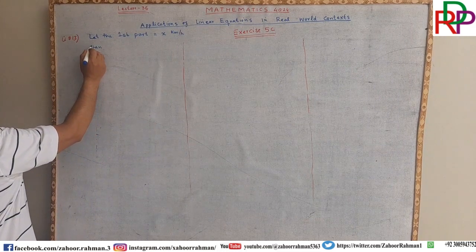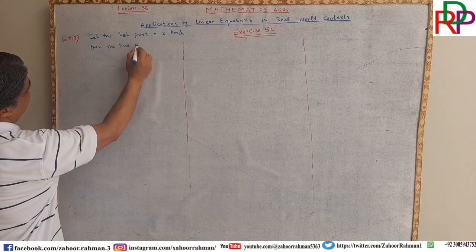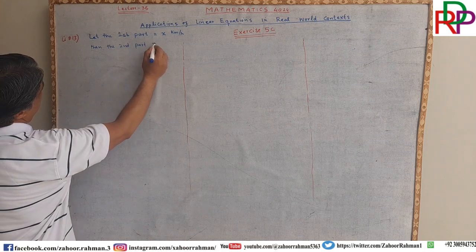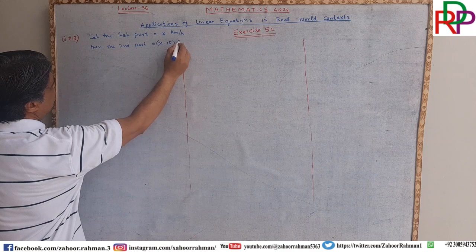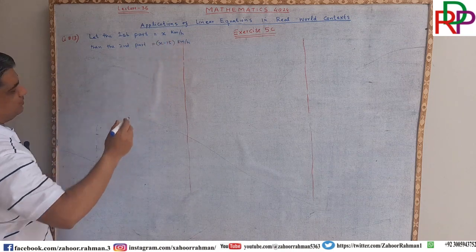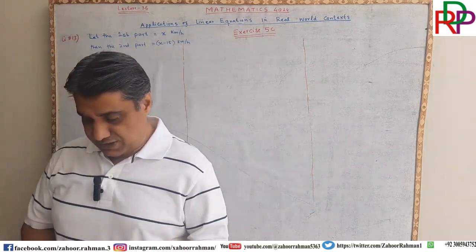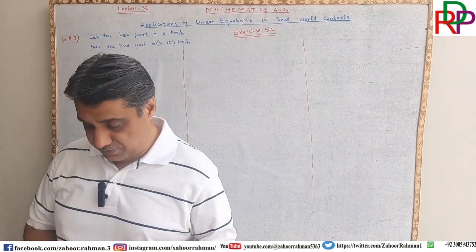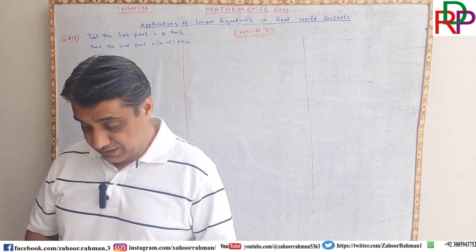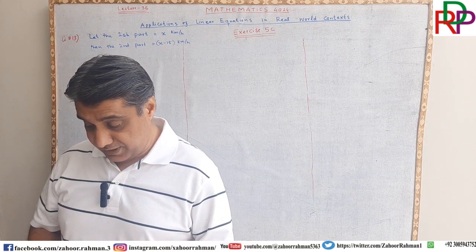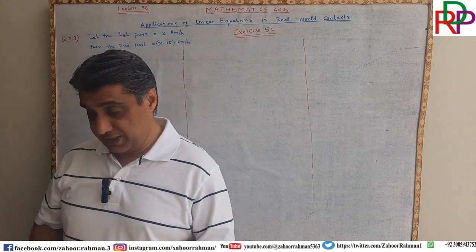Then the second part is equal to x minus 15 kilometer per hour, because it is given in the question that average speed that is 15 kilometer less than that for the first part of the journey. If the time taken for her travel to each part of the journey is the same, find the average speed.